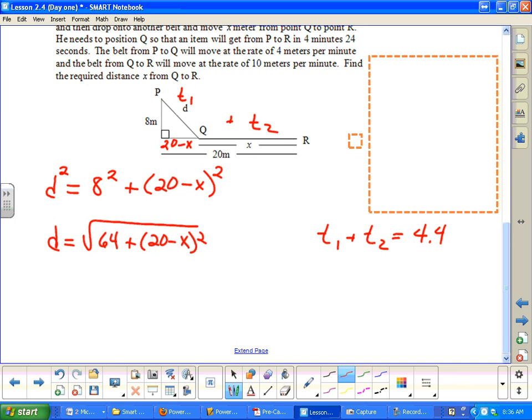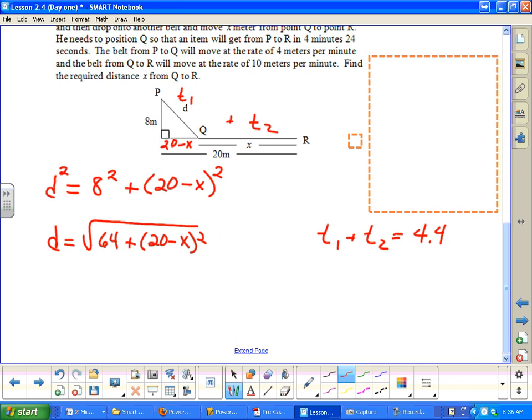So what I need to do is find the time from P to Q and the time from Q to R. Well, we know the speed, don't we?